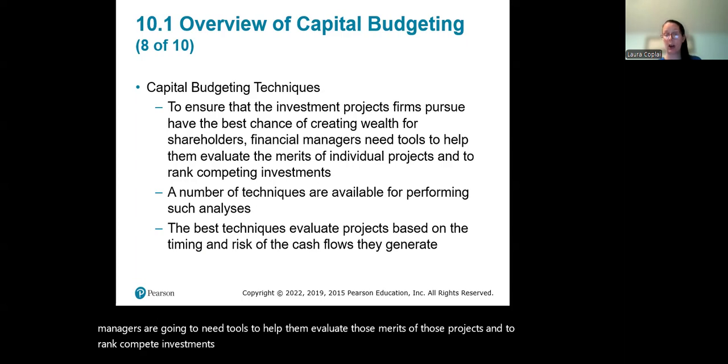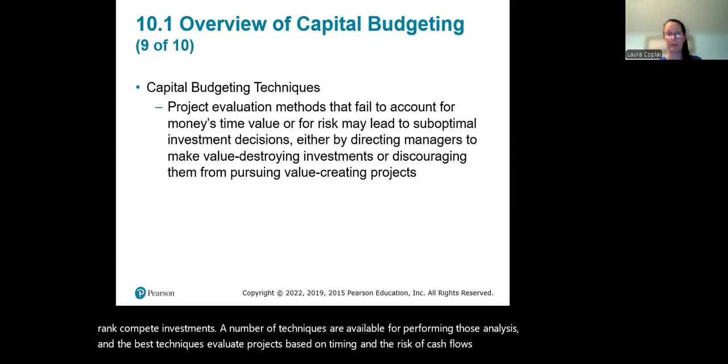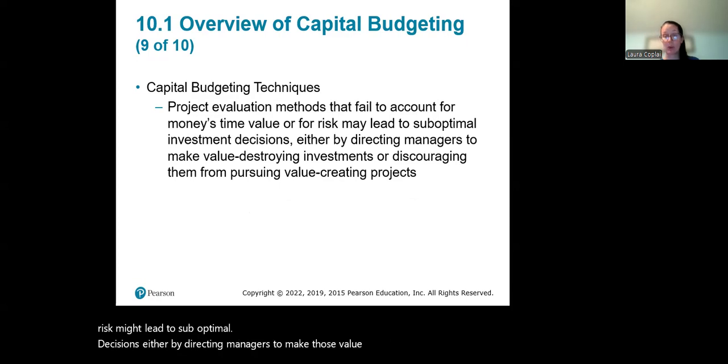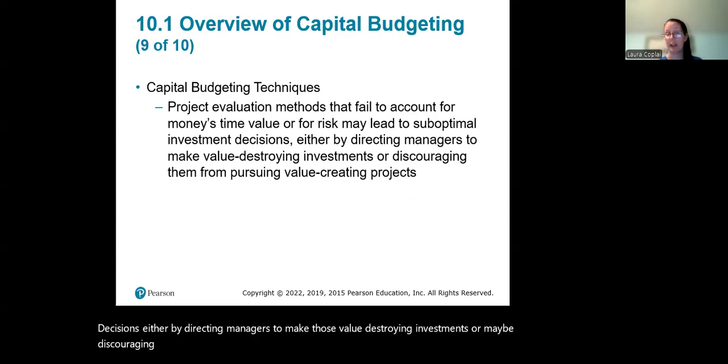A number of techniques are available for performing that analysis, and the best techniques evaluate projects based on the timing and the risk of the cash flows that they will generate. Project evaluation methods that fail to account for money's time value or for the risk might lead to suboptimal investment decisions, either by directing managers to make value-destroying investments or maybe discouraging them from pursuing value-creating projects.